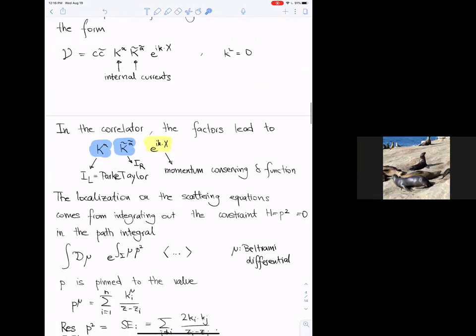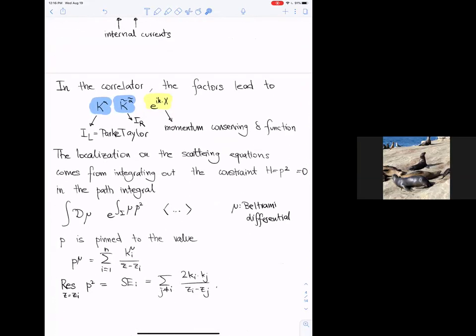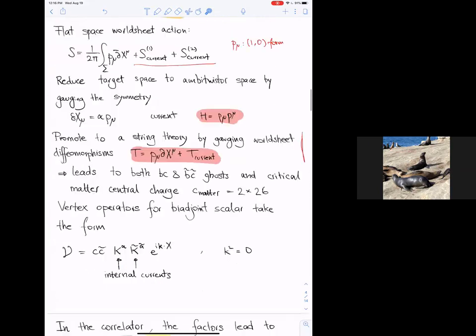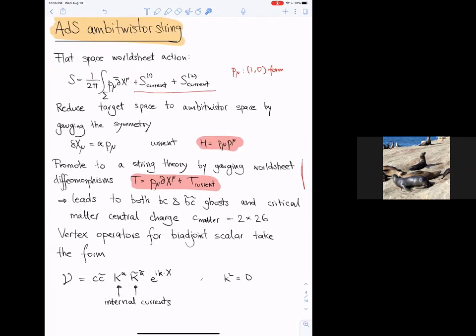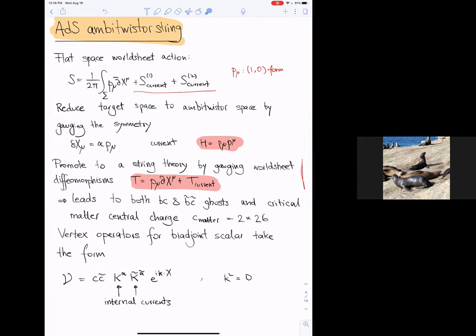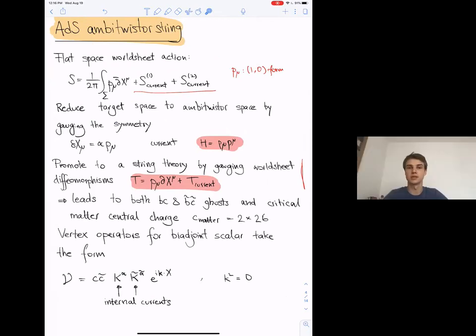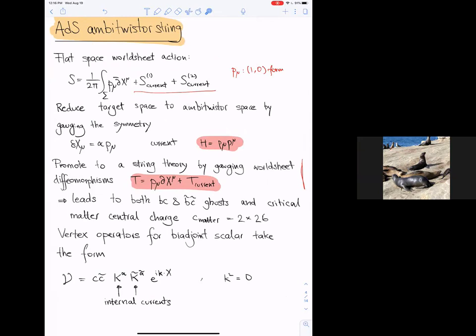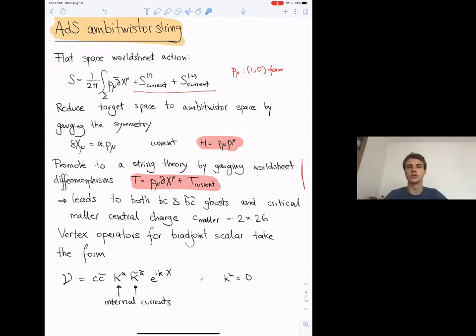Can I ask a question? Yes, please. Can you go up? Yeah. So this P partial bar X looks like a beta gamma system with lambda equals 1. Is that right? Yes, yes. And this U1 symmetry is basically the ghost number symmetry of that beta gamma system, which I thought is anomalous, but you're gauging it here. Sorry, I'm not gauging a U1 symmetry.